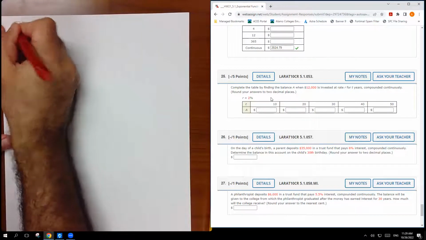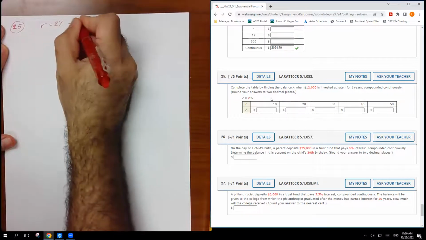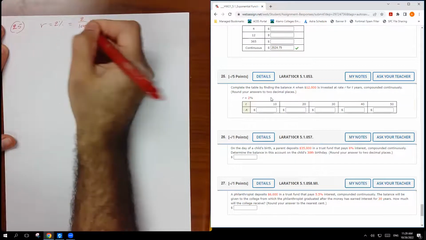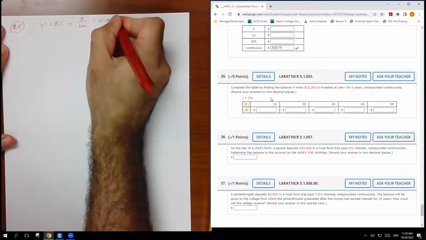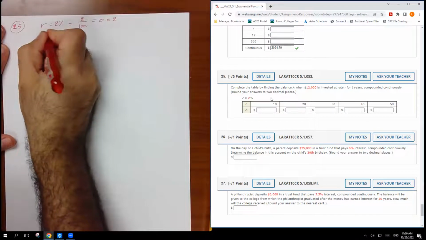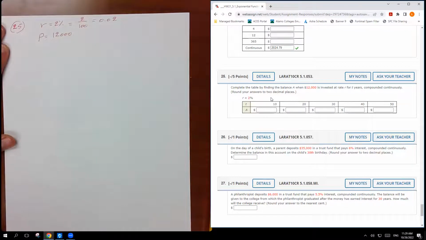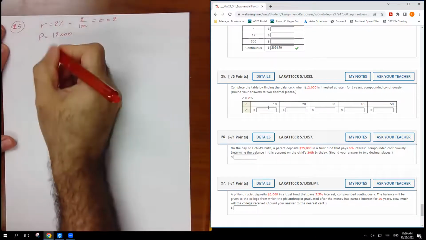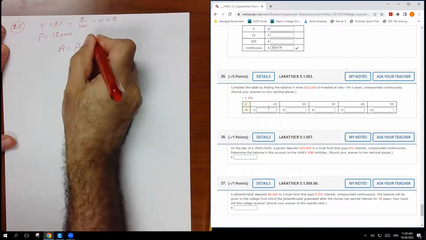So example 25, our rate is 2%, which is equal to 2 divided by 100, so it's going to be 0.02. This is our rate. The principal is 12,000. And the time, in the table, we need the balance at different times t. Because it's continuous, our formula is going to be P e to the rt.